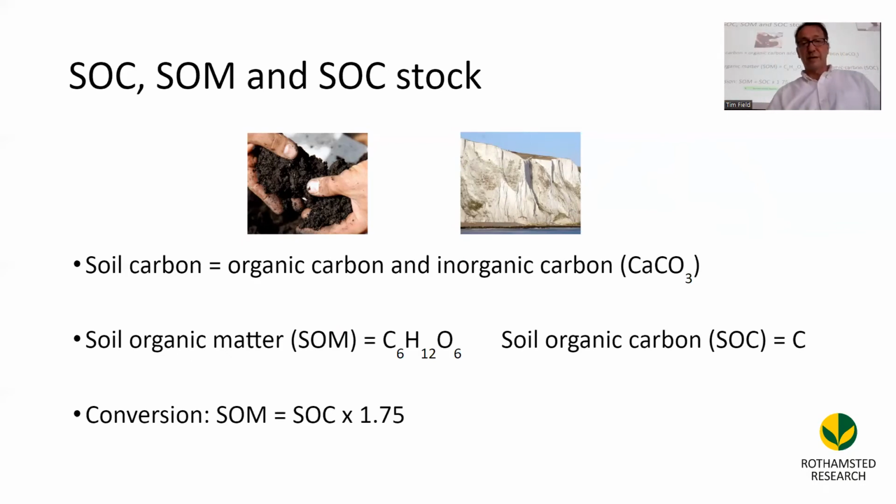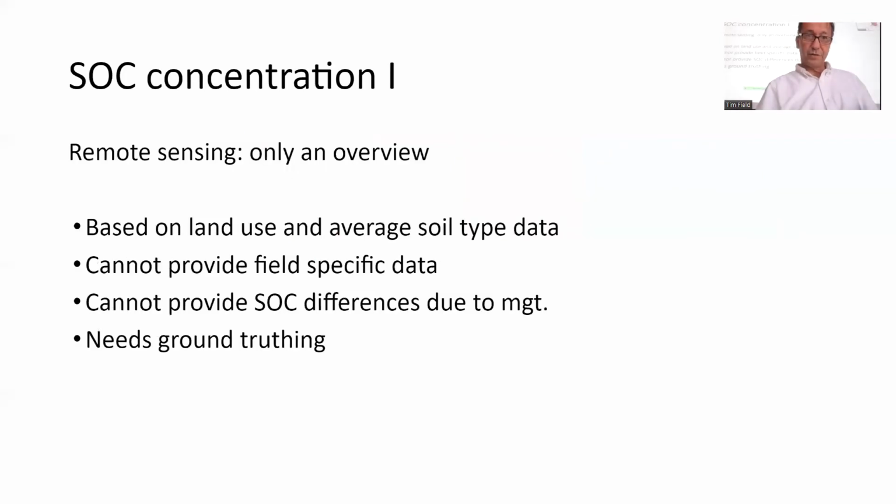To get from soil organic matter to soil organic carbon, you would basically divide by the standard number, 1.75. Actually, in most cases, it's done the other way around. You measure soil organic carbon, then you multiply by 1.75, and then you say, this is my soil organic matter. So just to have these cleared.